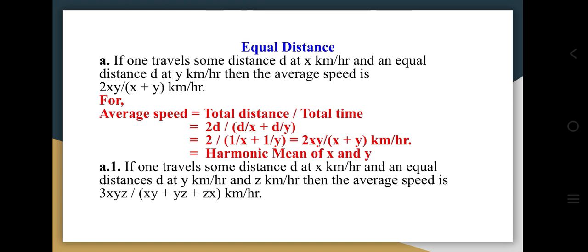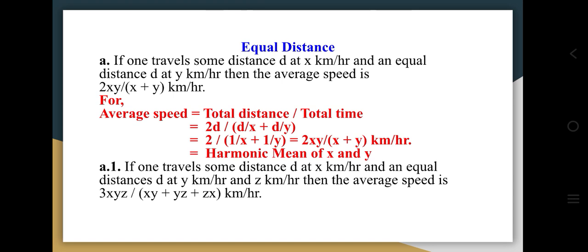The second travel time is d by y. So the total time is d by x plus d by y. So the average speed is 2d divided by d by x plus d by y.